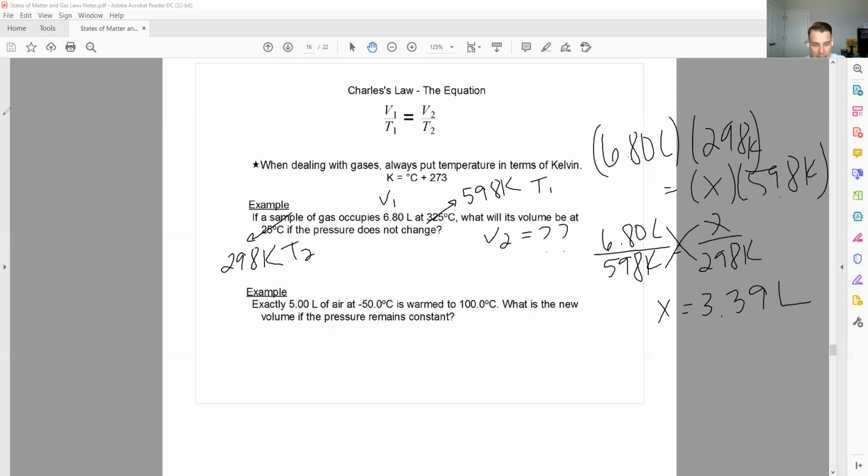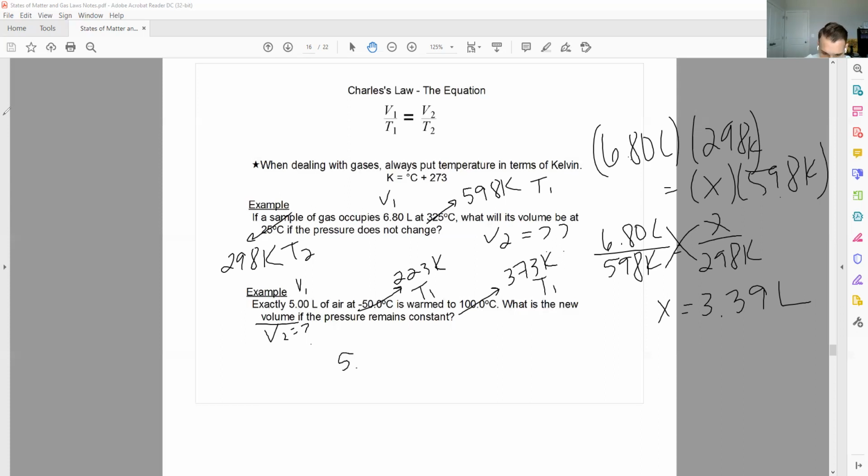Example 2, exactly 5 liters, so that's my V1, of air at negative 50 degrees Celsius. Negative 50 degrees Celsius gives me 223 Kelvin. Is warmed to 100 degrees Celsius, which is 373 Kelvin. What's the new volume? That's T1, that's T2.